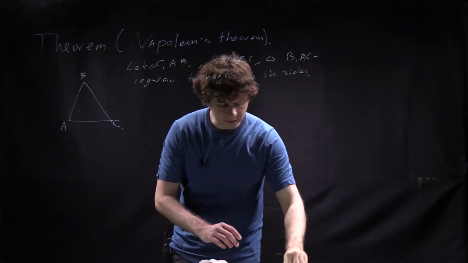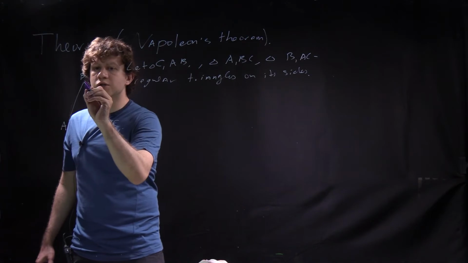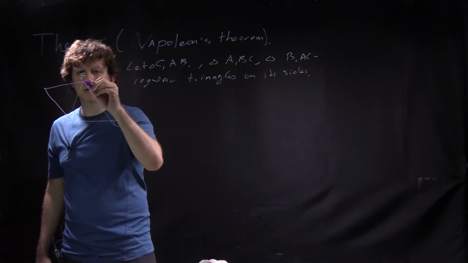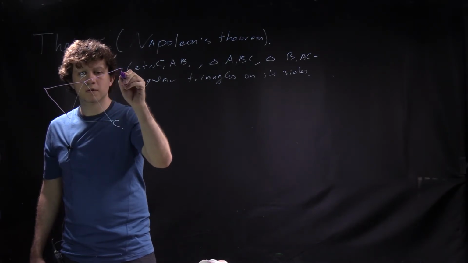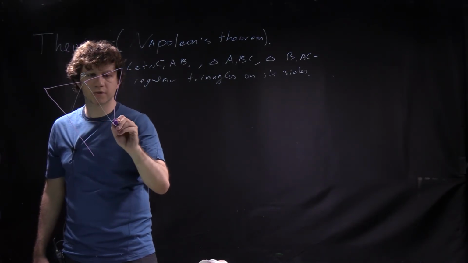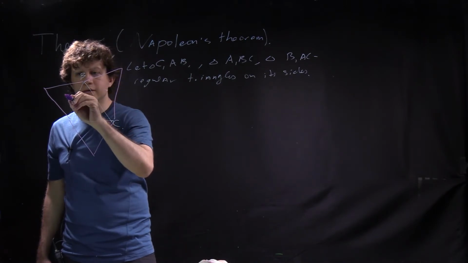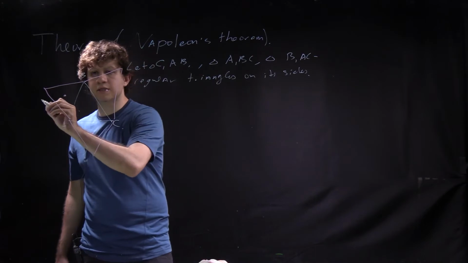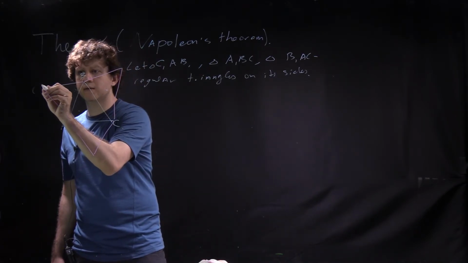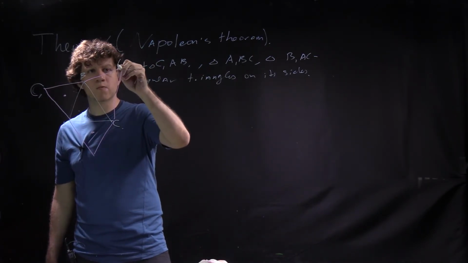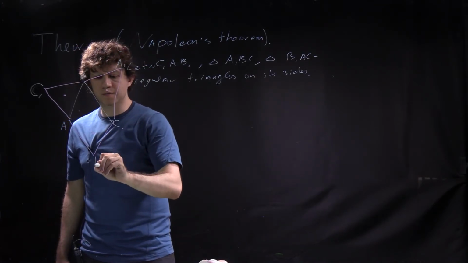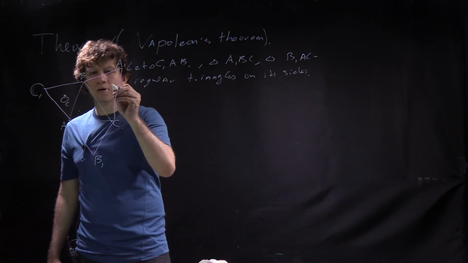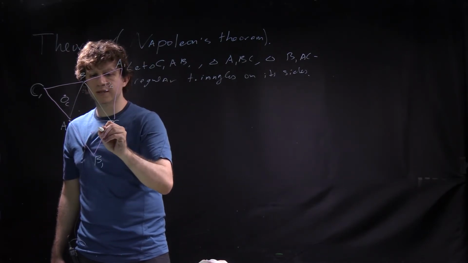So let me draw the picture. So I just construct these regular triangles. This one is not very regular here. And let, so this is C1, and this is A1, and this is B1, and let me denote by OC, OA, OB their centers.